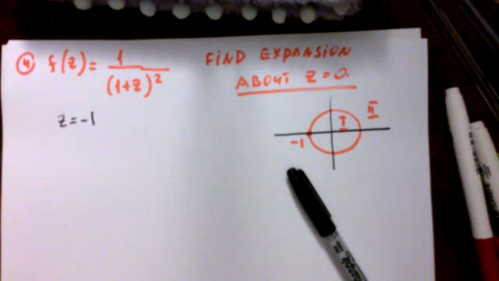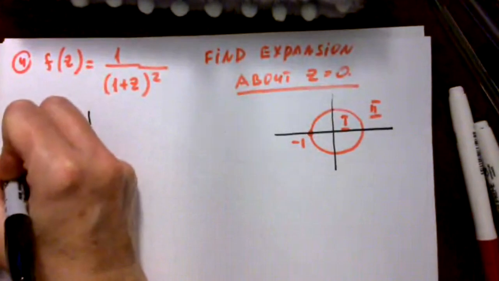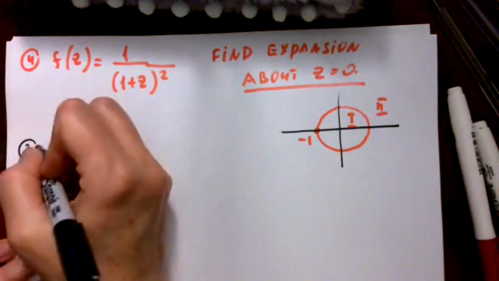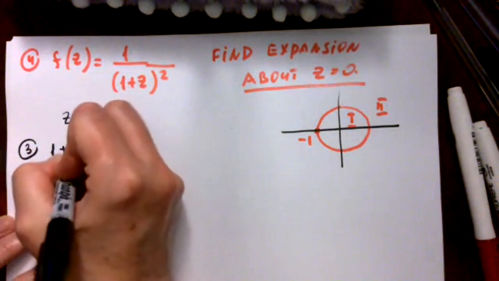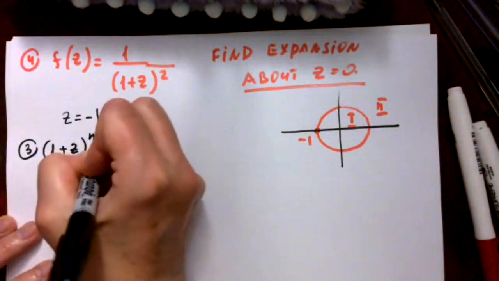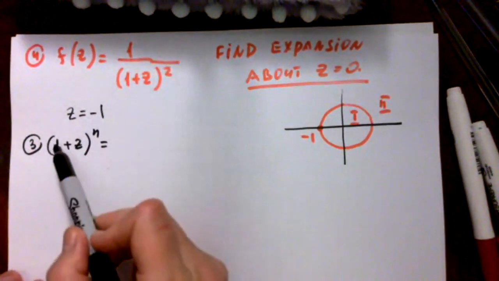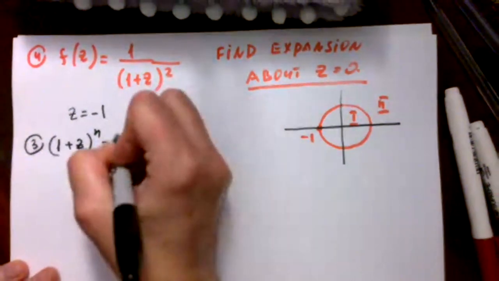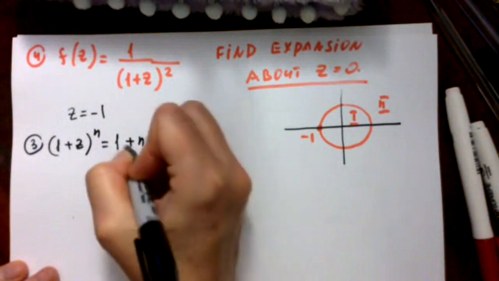The other way is to use another expansion, which was maybe number 3, I think. Let me copy it here. So in the list of our canonical expansions, there was expansion number 3, like a generalization of the previous formula. If you have 1 plus z in the power of n, there was a formula which didn't look very nice, but what can you do?